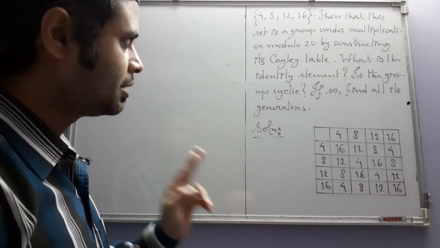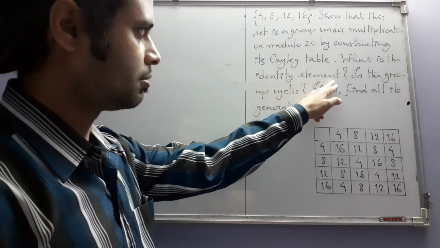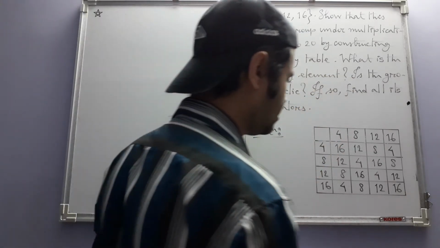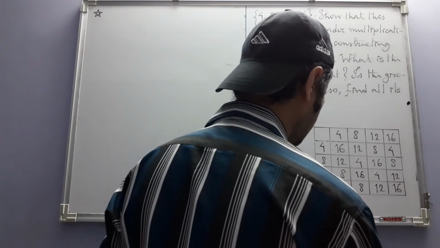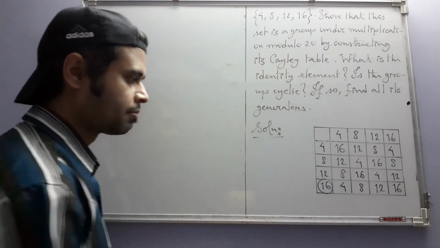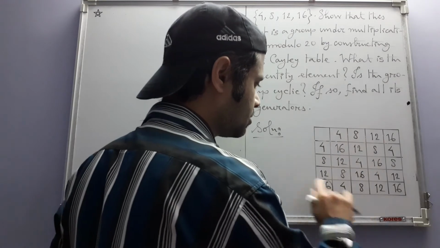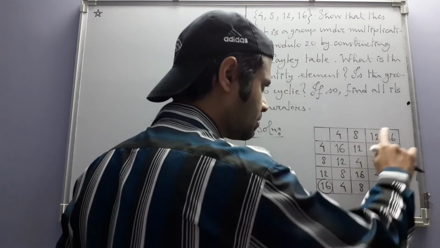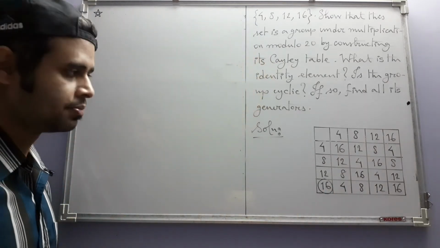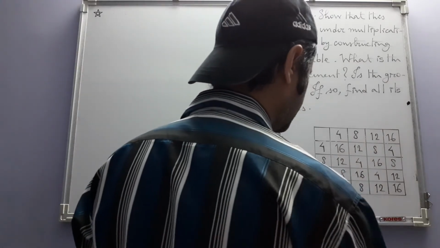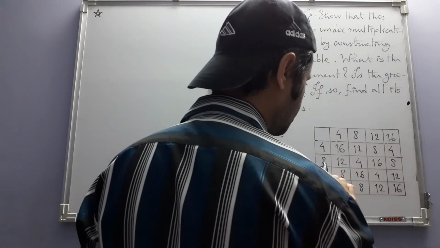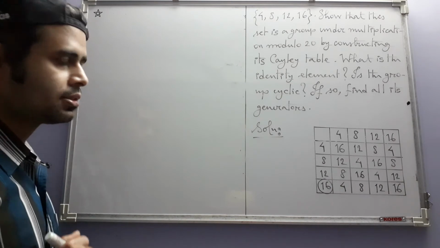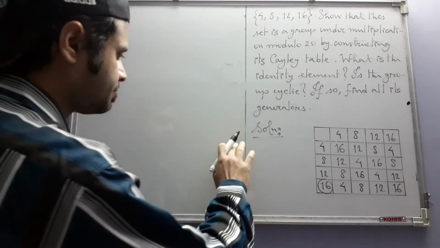Now it has been specifically asked, we have to ascertain the identity element, and that identity element, if you look carefully, is 16, because 16 times 4 is 4, 16 times 8 is 8, 16 times 12 is 12, and 16 times 16 is 16. And similarly, 4 times 16 is 4, 8 times 16 is 8, 12 and 16. So 16 is the identity element.